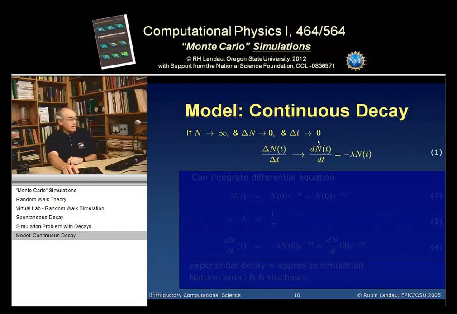So in that limit, where all of the steps become infinitesimally small, then we can approximate delta n by delta t by the derivative dn dt. And this, of course, is backwards from what you always see in your calculus class or your elementary physics class, where we start off with delta n delta t, and then we say when we do this mathematically exactly, we go to dn dt.